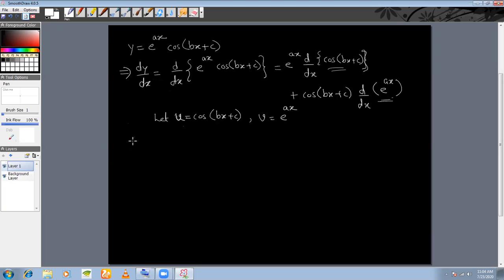Okay, now we consider u first. u is equal to cos bx plus c. In this, we say let w is equal to bx plus c. So therefore u is cos w and w is bx plus c.